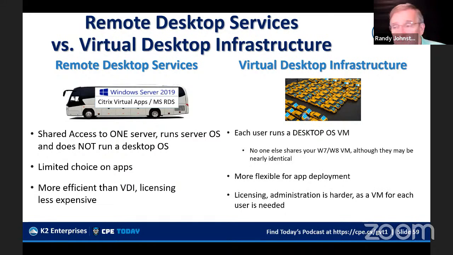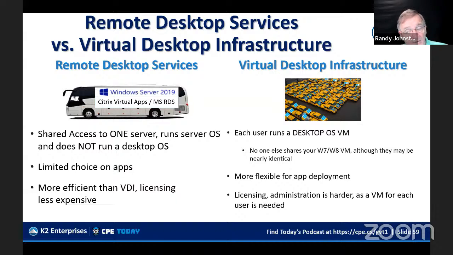On the other hand, if you're running a VDI, each user runs a desktop operating system VM, not a server VM. So no one else shares your Windows 7 or 8 or 10 or 11 desktop. You absolutely have your own little place to run in.